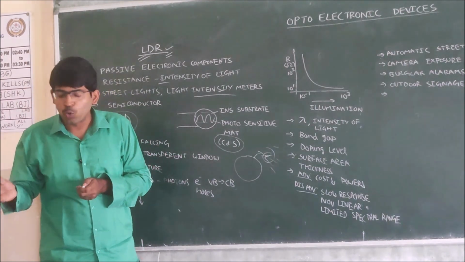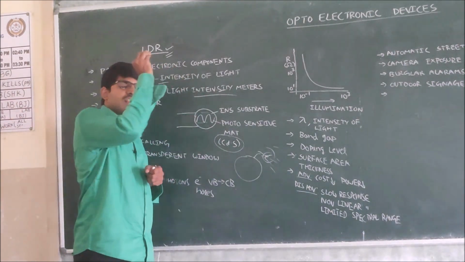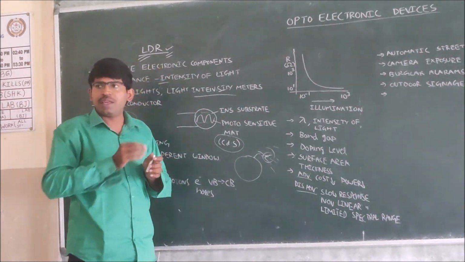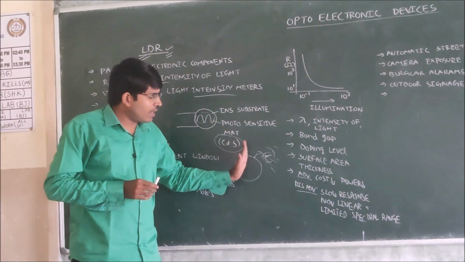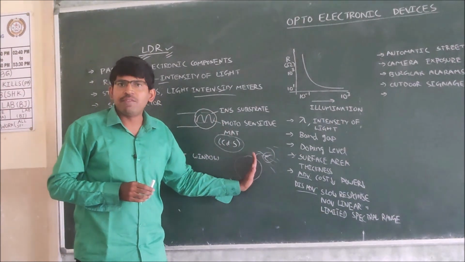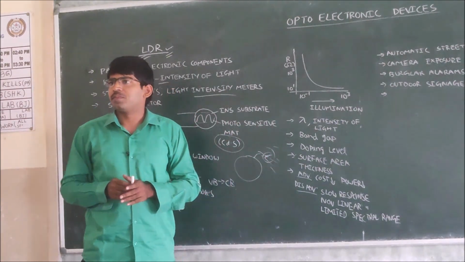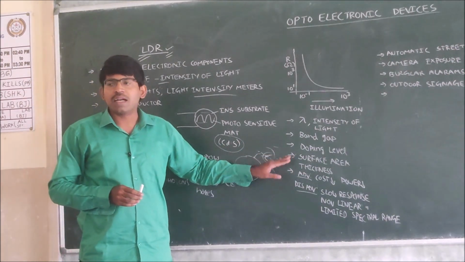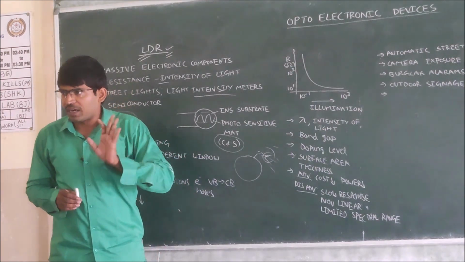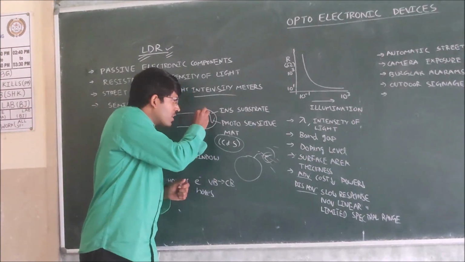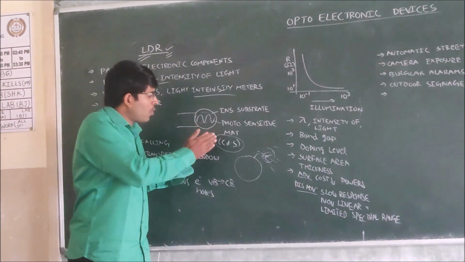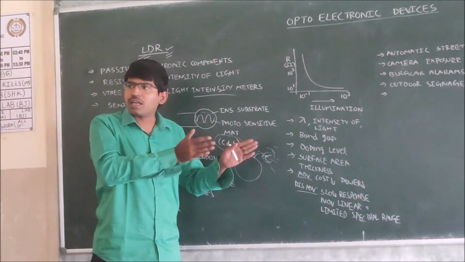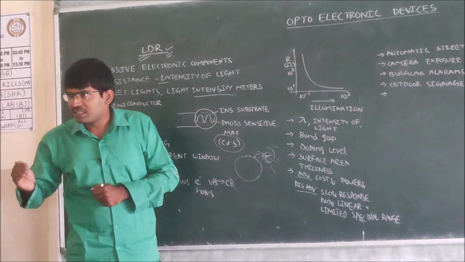So this is how, when the light falls on this material, the electrons in the last orbit will come out of the atom. Now these electrons coming out of the atom are called free electrons. If more light falls, then more electrons will come. If more electrons are coming, then the resistance is decreasing.